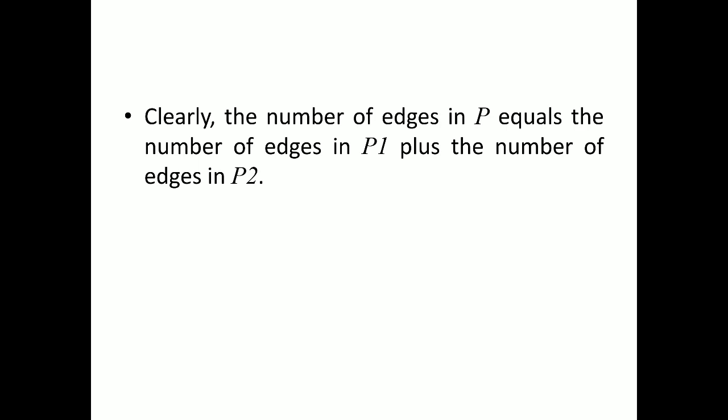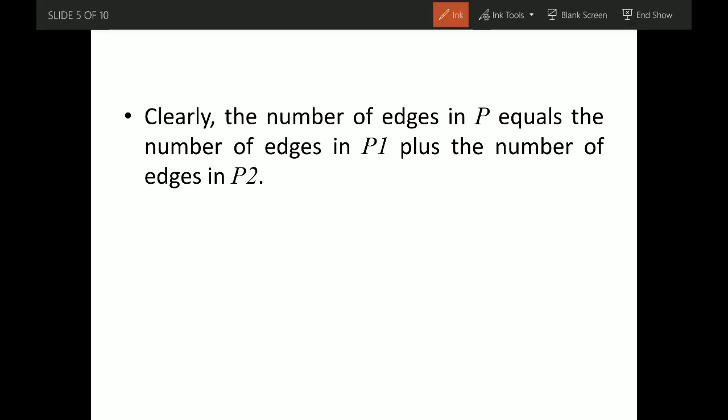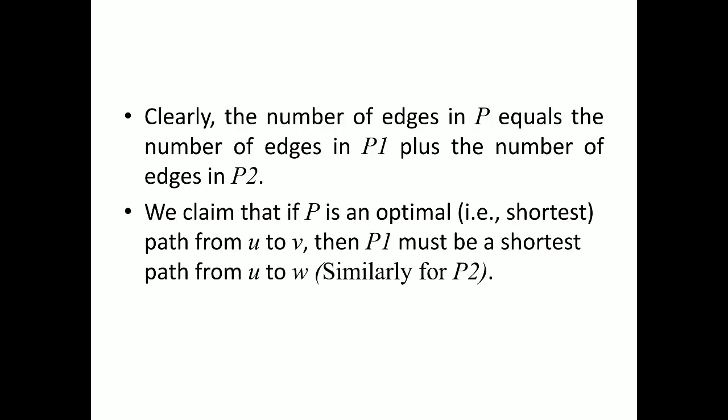So it is very clear that if from U to V we have a path P, and up to W we have path P1, and from W to V we have path P2, then the number of edges in path P will be equal to the number of edges in path P1 plus the number of edges in path P2.